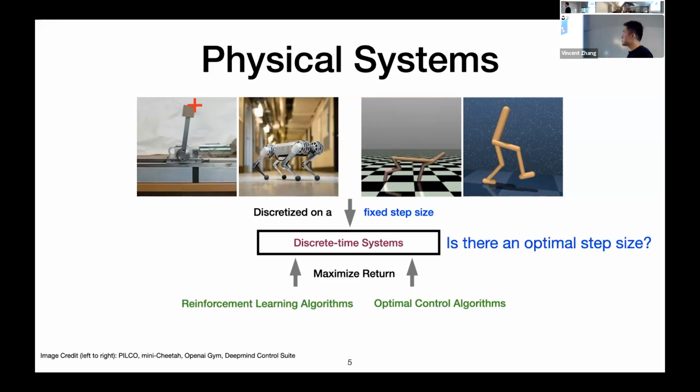I guess it makes sense that the step size would have some impact on the performance you're getting. And the question we're asking here is: is there an optimal step size? And if there is, is the step size that we've been using optimal?